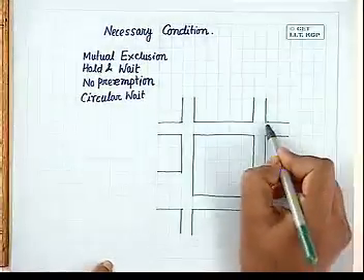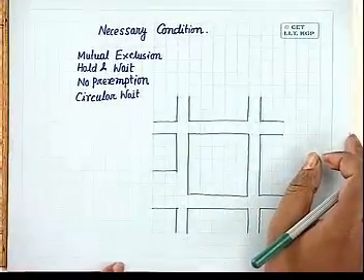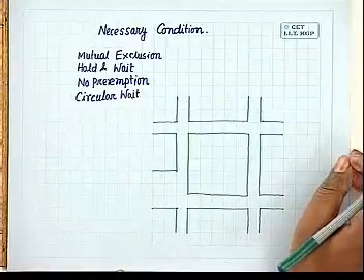So these are 4 roads, and these are the junctions. And in every road, the traffic can move only in one direction.